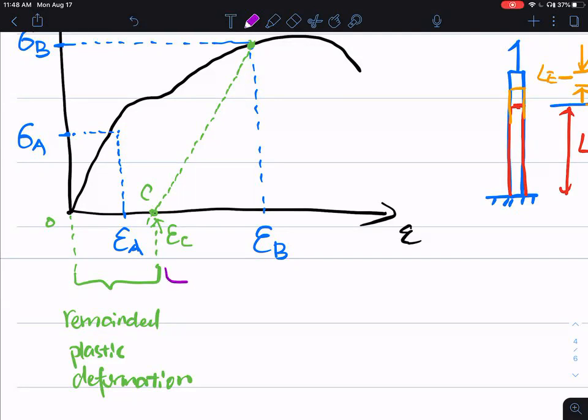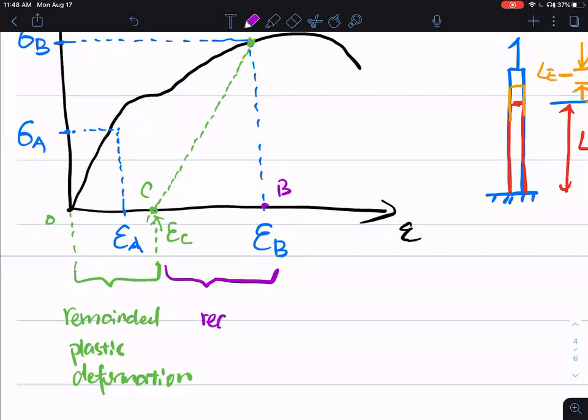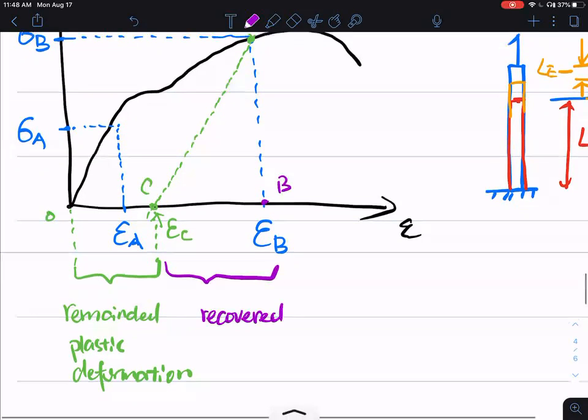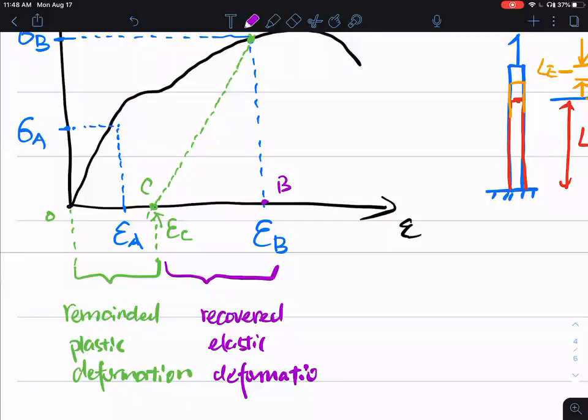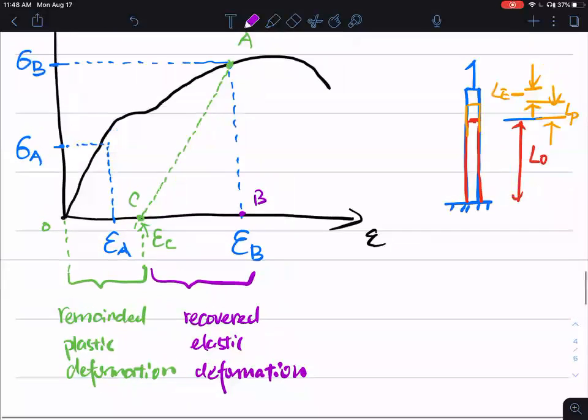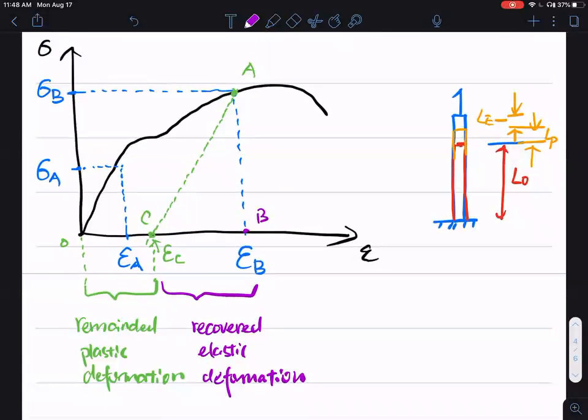It's actually here, between point C and, let's call this point B. This is the recovered elastic deformation. Does this make sense to you guys?